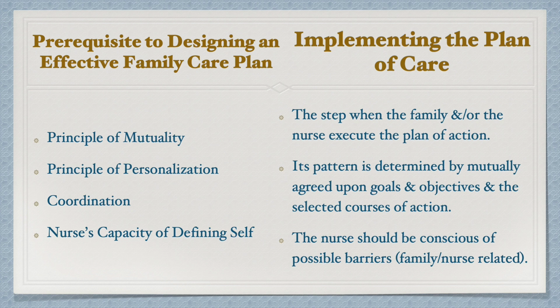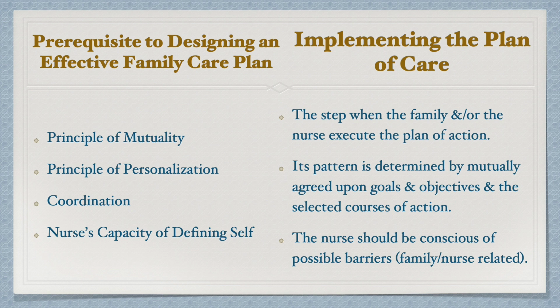Also, having clearly defined values and beliefs allows the nurse to work with the family in an ethical and considerate manner. Defining self promotes the nurse's awareness of own behaviors. Recognition of having an idea or behavior that may affect effectiveness allows the nurse to address the issue appropriately.